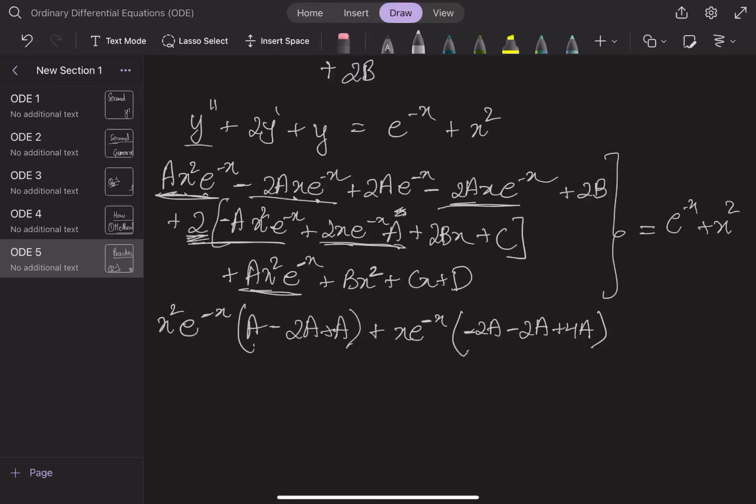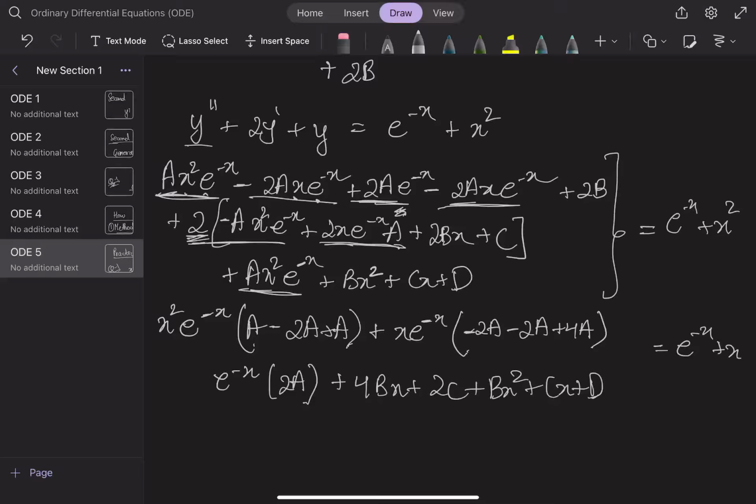The next term is e raised to minus x. You only have a 2a. And the remaining terms are plus 4bx plus 2c plus bx square plus cx plus d is equal to e raised to minus x plus x square. As you can see, this gets cancelled. This also gets cancelled.